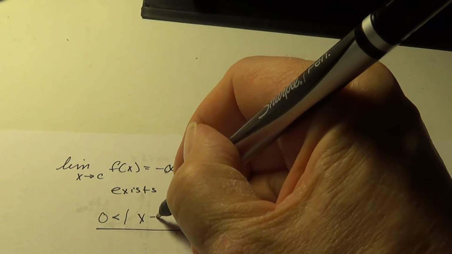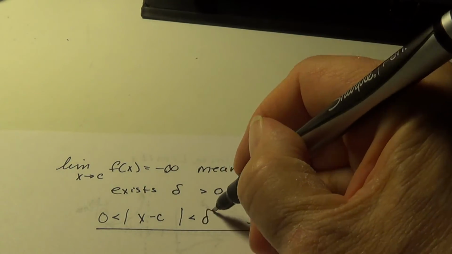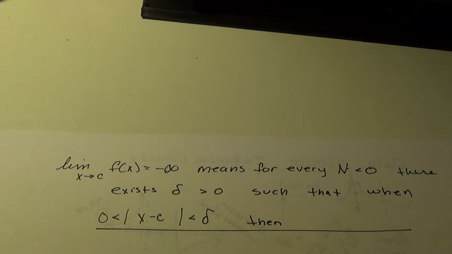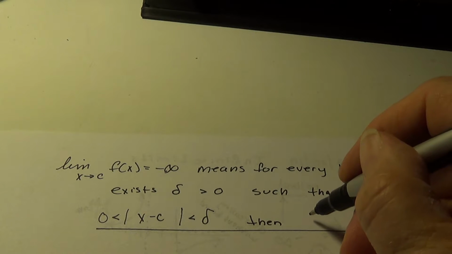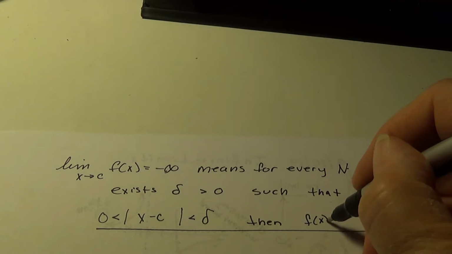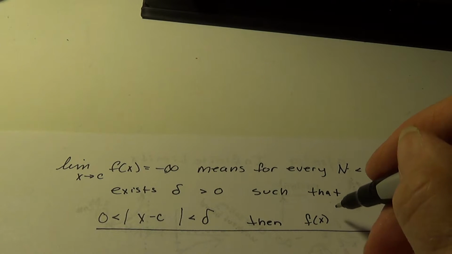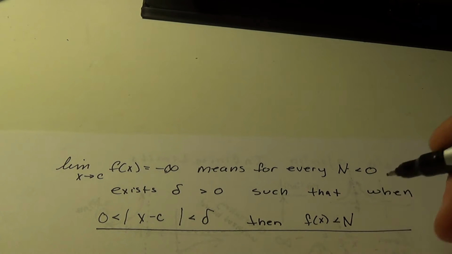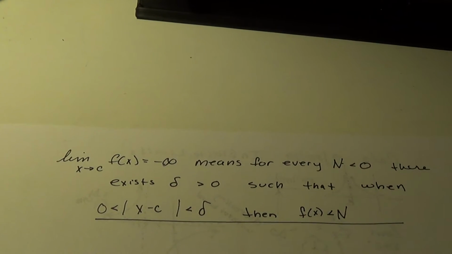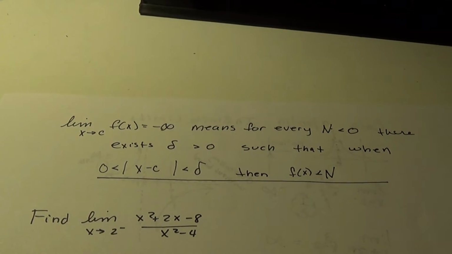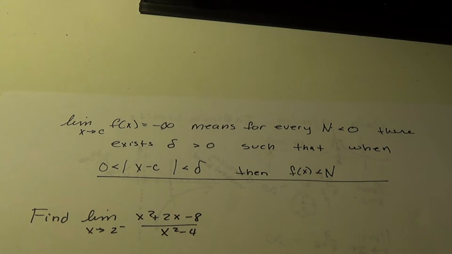When my x value is within delta of c, so that's how I say that in absolute value language, then f of x, no matter how small I make this, is going to be less than n, if indeed the limit is negative infinity. All right, I won't tease you anymore with that. Let's just go on and see what the first example is.